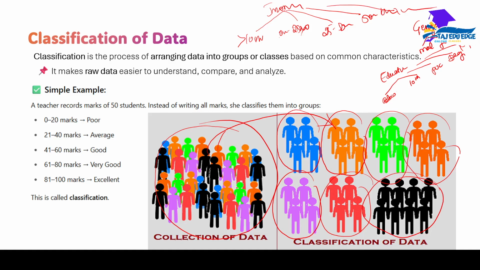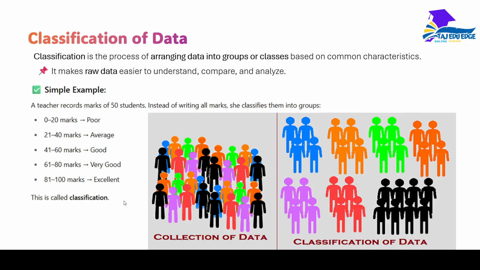Next, we can do classification based on the location, like urban, rural. Semi-urban means people who stay in cities which are not metropolitan cities, right? So that kind of classification we can do here. What does classification mean? I hope that you have understood it.